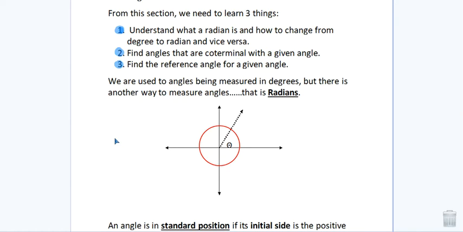Here's what I want to explain to you. What is a radian? Before I explain, I'm going to ask you a question. You guys know any formulas related to circles? Pi r squared. I heard pi r squared somewhere. What is pi r squared?